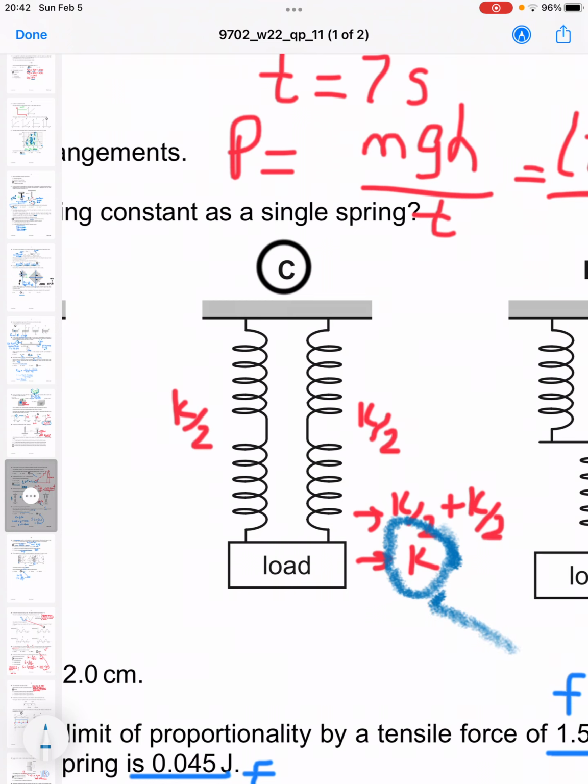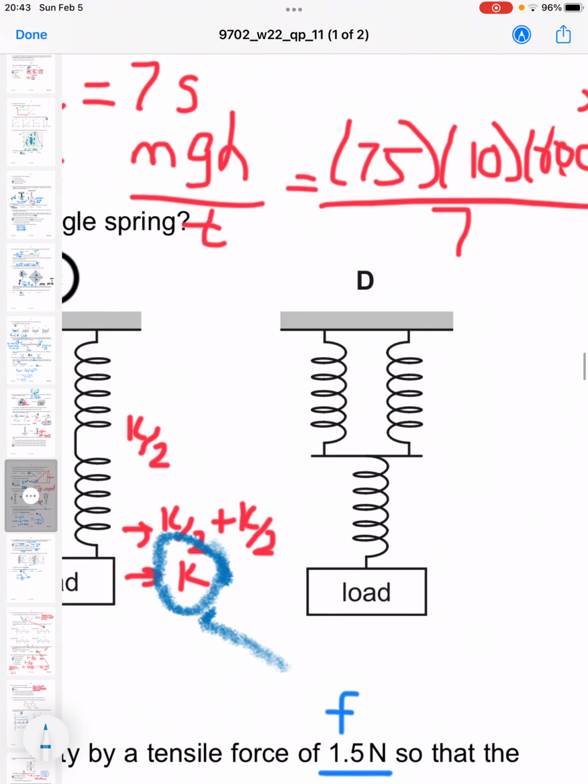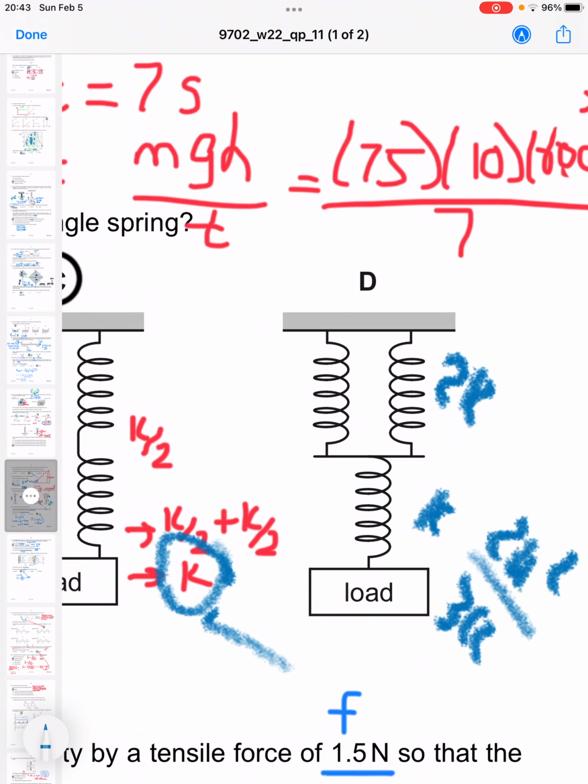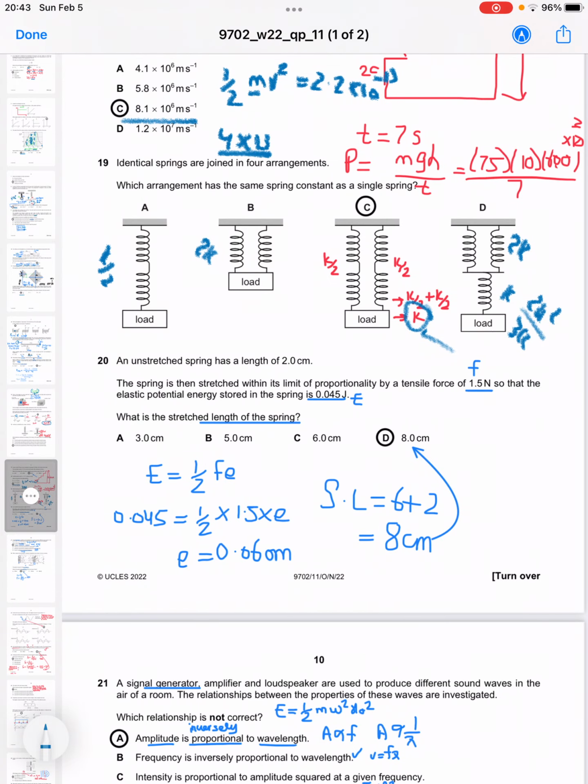So this is as the original spring k, and this makes up 2k, and this is k, so this would make up 2k squared by 3k, so that would be 2 by 3k. So C is the appropriate answer.